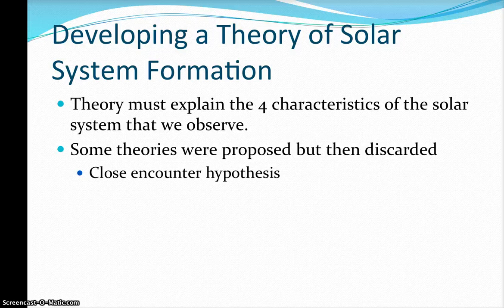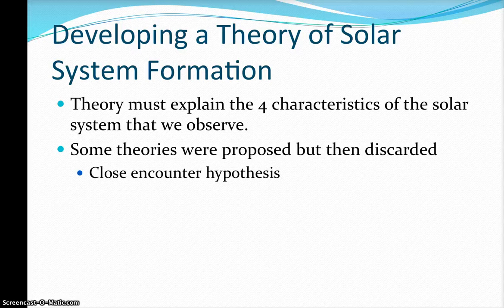And as you read in your book, they explain some different hypotheses that were proposed but discarded. For instance, the idea of a close encounter, which basically says that the sun got close to an object, or an object came close to the sun, and its gravity captured it into an orbit.